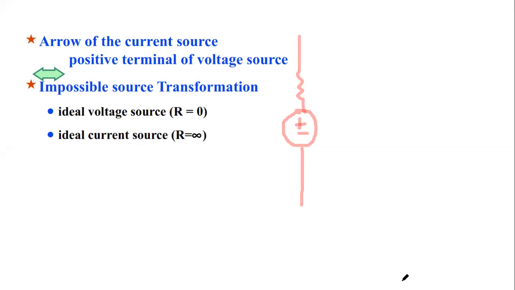So every voltage source has some internal resistance. Due to that, if this is V, and the current I is flowing in the circuit, then there will be some voltage drop here also, I times r, the small r.